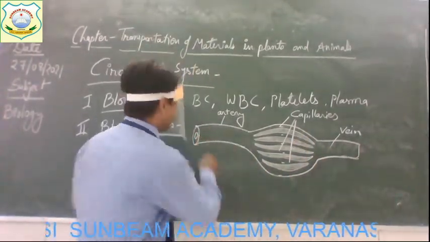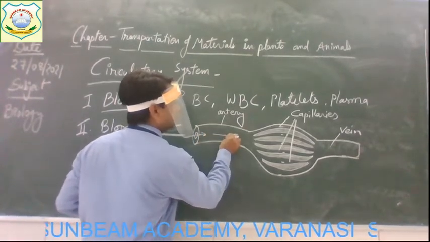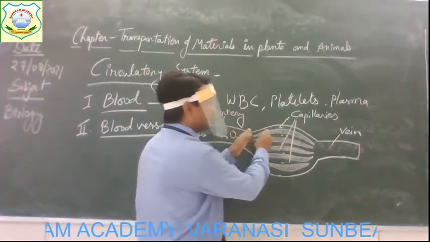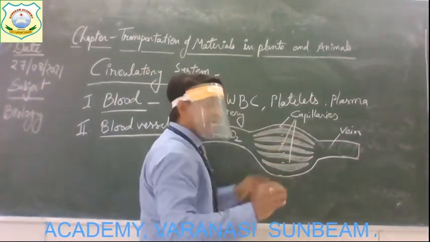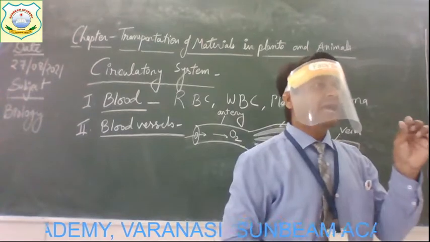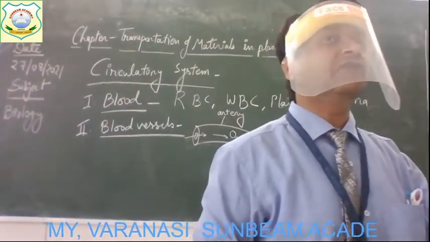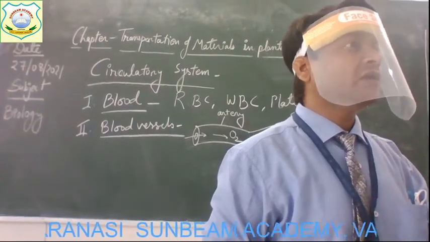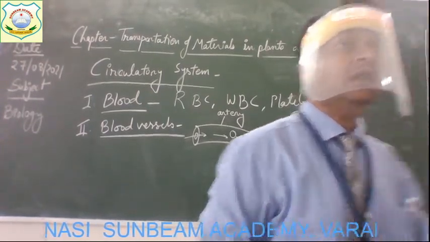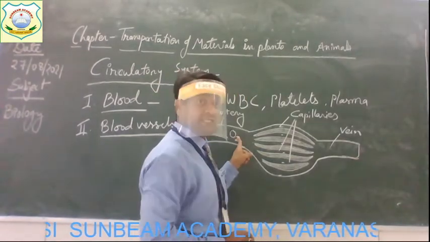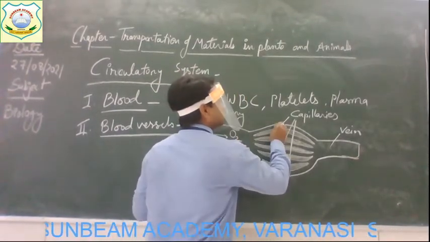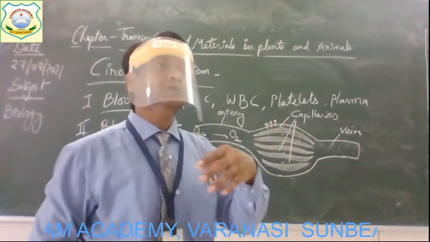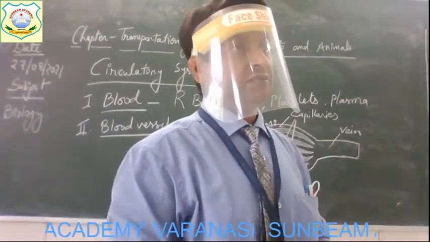Arteries carry the oxygenated blood. Okay? When this oxygenated blood comes to the capillaries, as the capillaries are very thin and have a very thin, fine wall, through that thin wall the oxygen which is present in the blood gets filtered out and goes to the body cells.